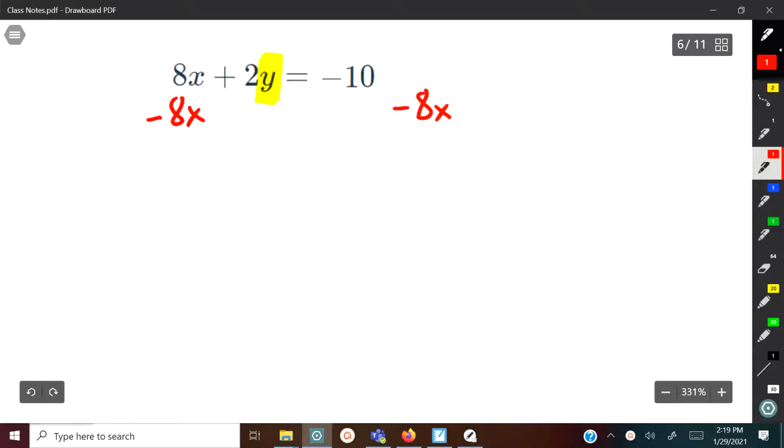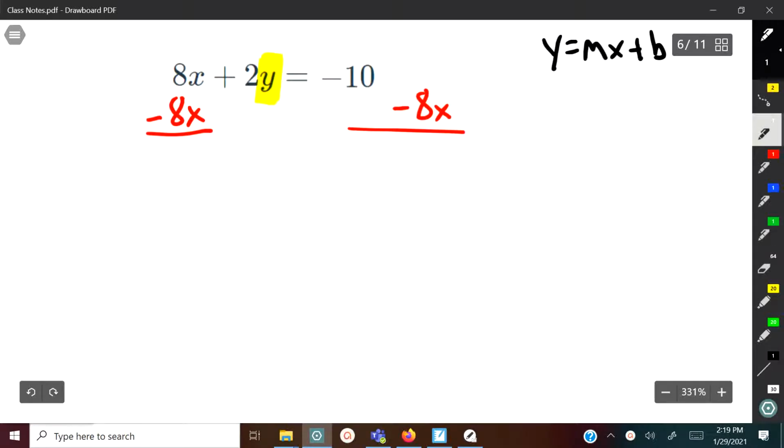Now, even though there's a 10 here and an 8 here, you can't combine these two at all because they're not like terms. And since I want to keep it in that y equals mx plus b format, I'm going to put this negative 8x in front of this negative 10. And we're almost there.